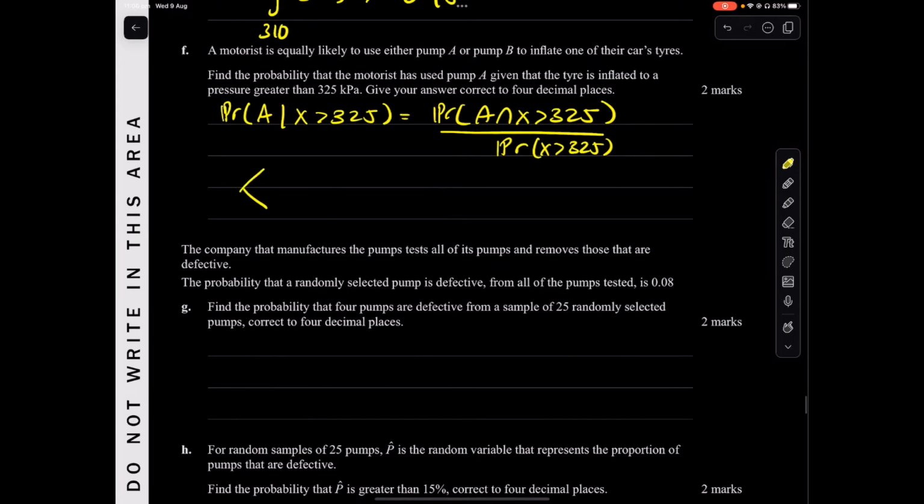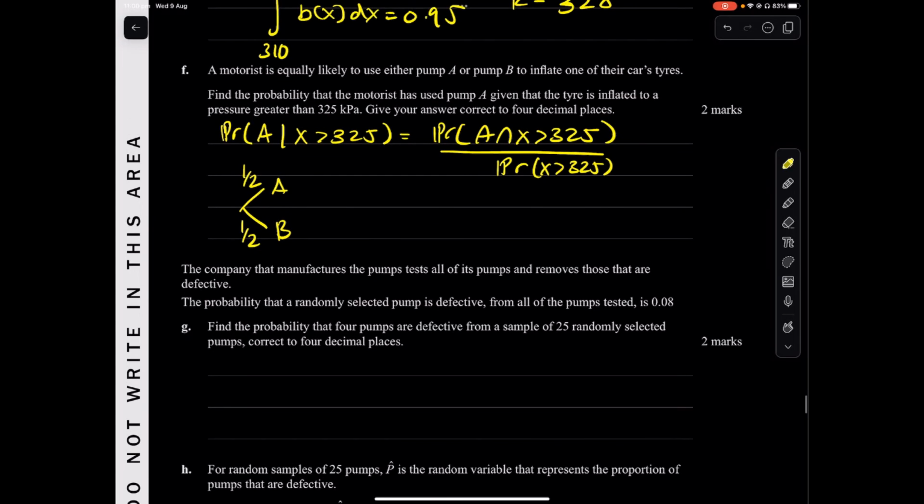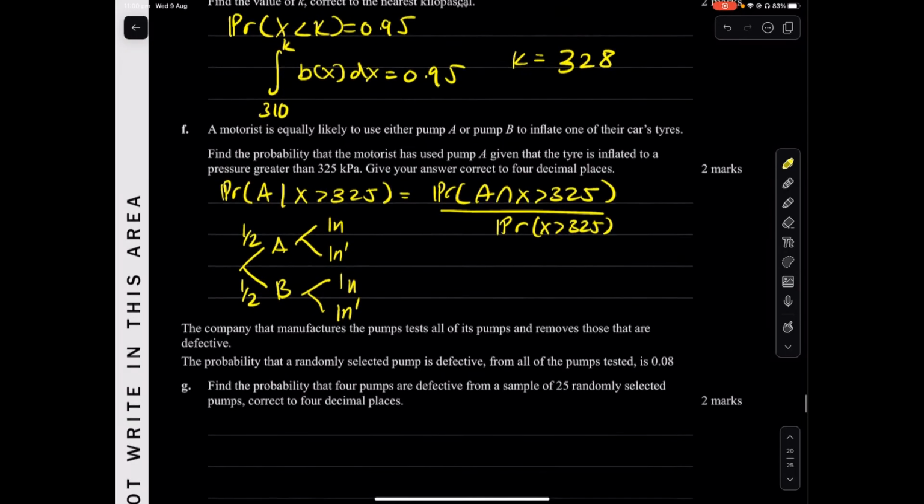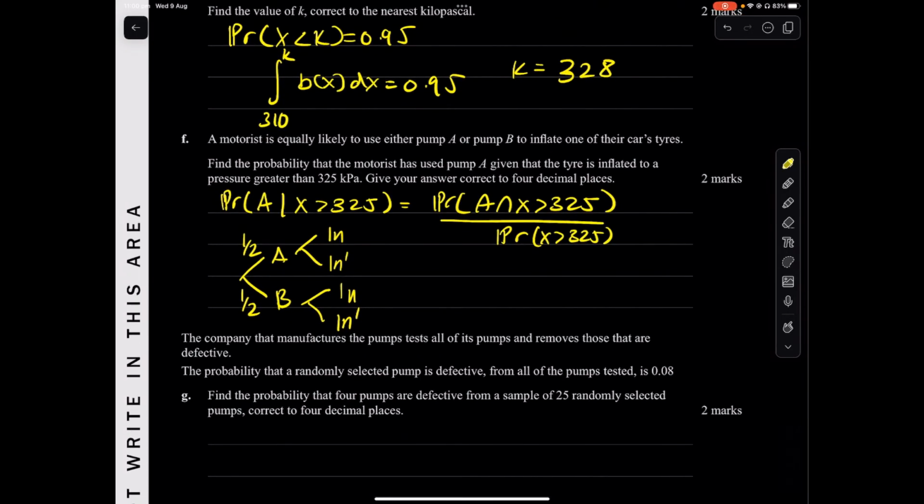Now, remember that there's pump A and pump B, and they're each a half because they're equally likely, and each branches into inflate and non-inflate. So it comes from A, and it's halved. So let's look over here.